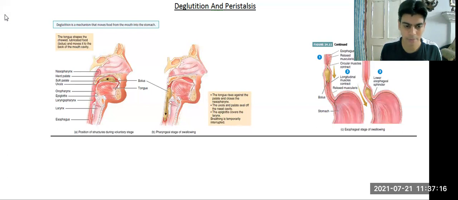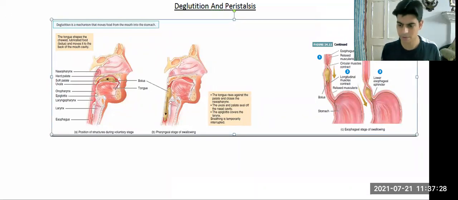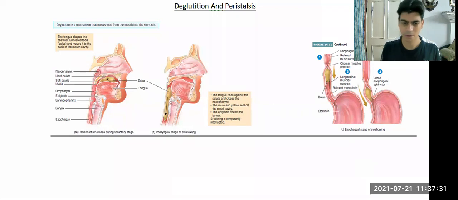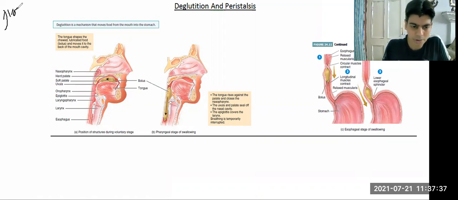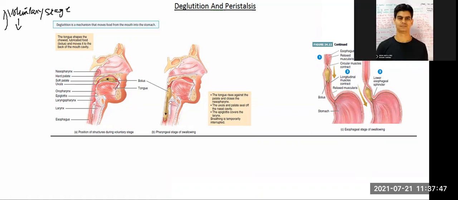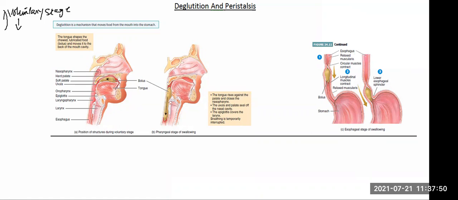So swallowing involves three stages. The first stage is your voluntary stage, in which, like I said, the bolus is passed into your oropharynx.